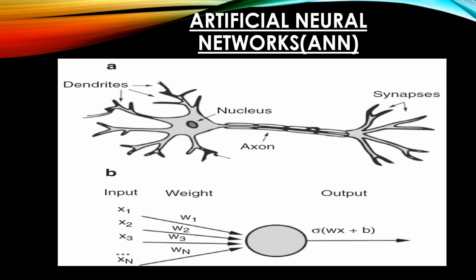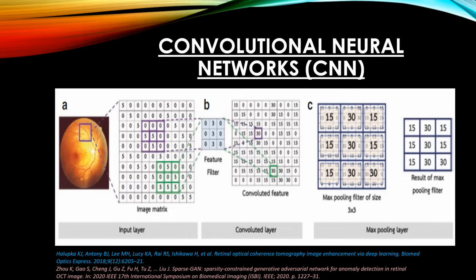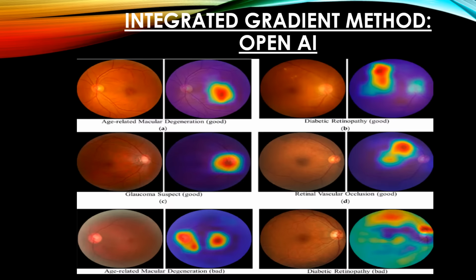So they work on an analogy with the human brain, with the nerve terminals, hence they are called artificial neural networks. The convolutional neural network is based on that only, and it has a number of layers. We get the input, then there is a convolutional layer, and then a maximum pooling layer, and we finally come out with the output.